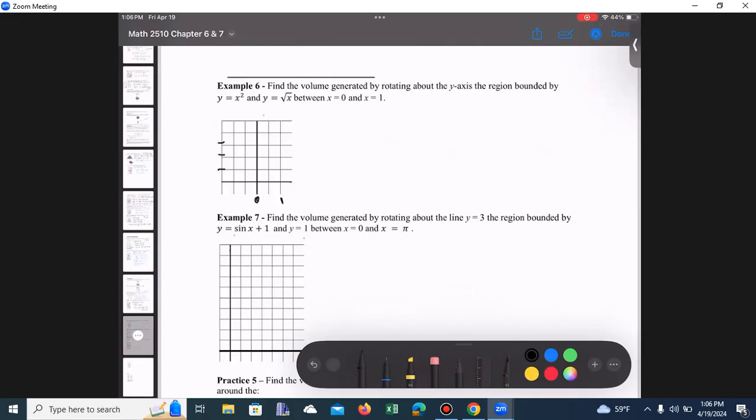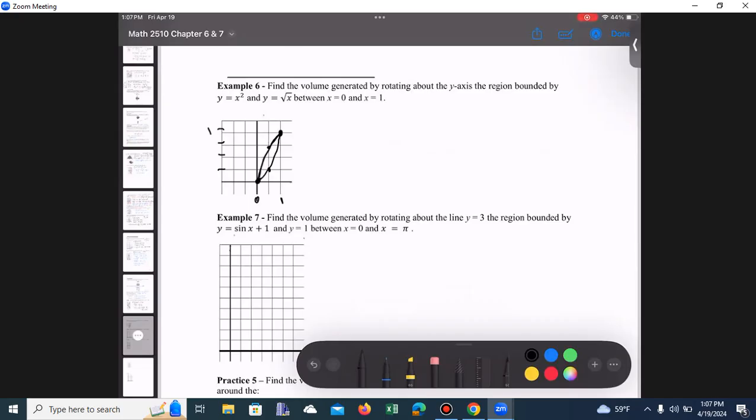So 0, 0 and 1, 1 for both. If we look at 1/2 squared, we get 1/4. So that's that piece. If we look at square root of 1/2, we get about 0.707, which is just below 3/4. They both have kind of a bend to them.